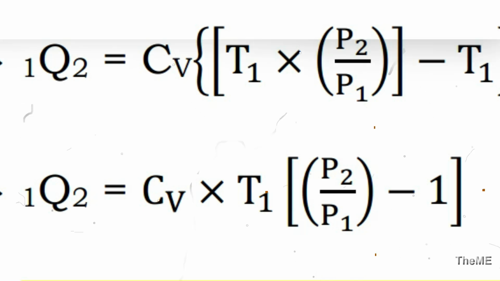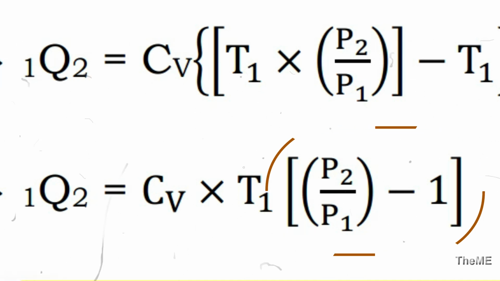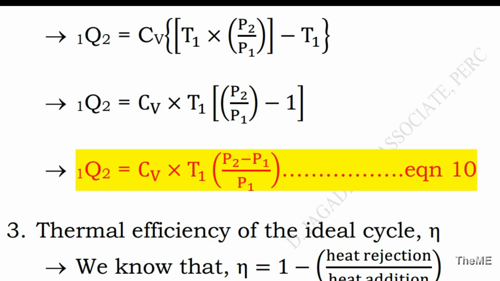So here P2 by P1 minus 1 is P2 minus P1 whole divided by P1, because if we take LCM for P2 by P1 minus 1 it is P2 minus P1 whole divided by P1. So the next step will be Q1 to 2 is equal to CV into T1 into P2 minus P1 whole divided by P1, and consider this one as equation 10. Equation 10 is nothing but the value of heat addition during the constant volume process 1 to 2.